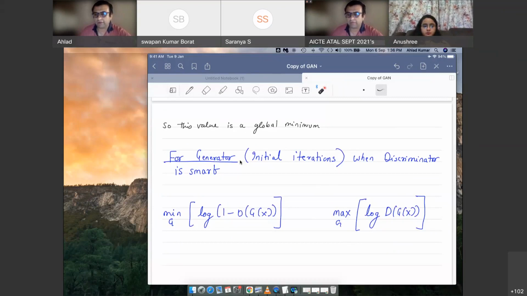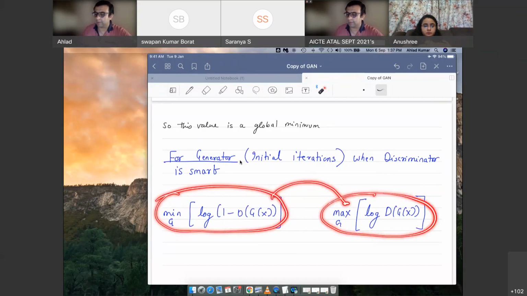But now what they realized, during the practical implementation of this generative adversarial network, is that instead of using this, it was good if they used this. So this was actually a modification that they did, because somewhere or the other this particular thing was not a right choice.